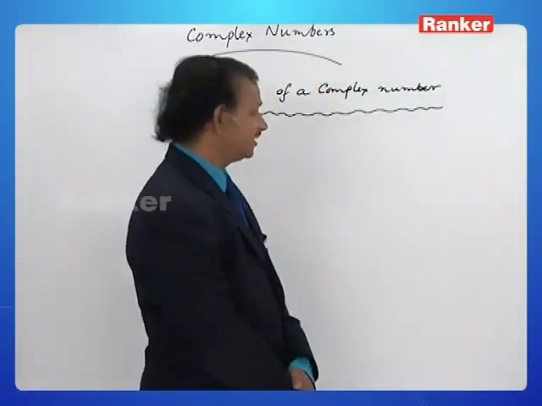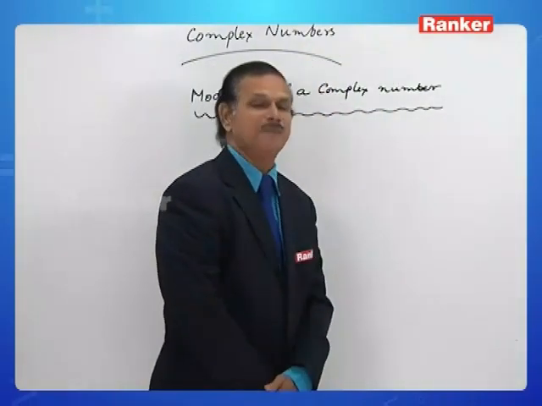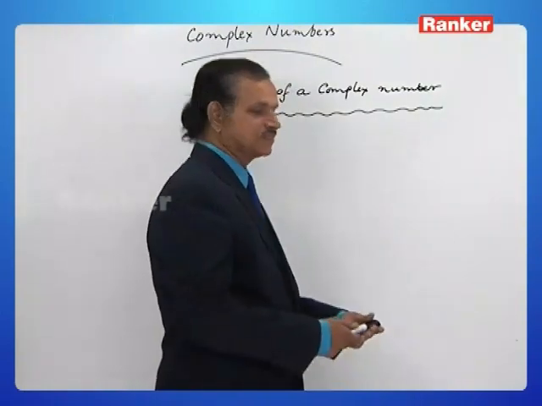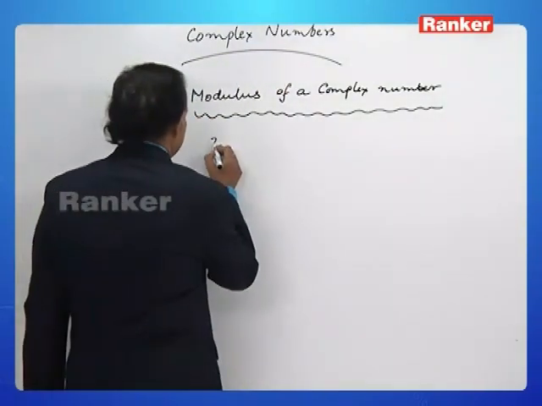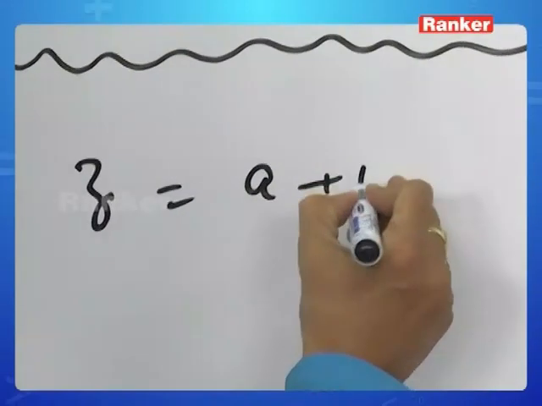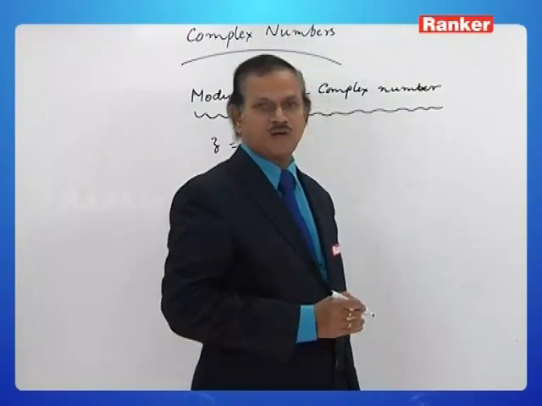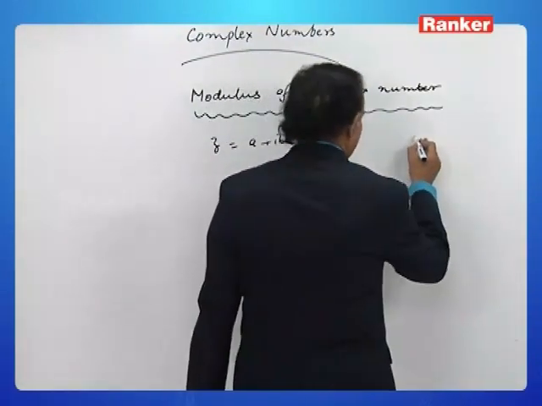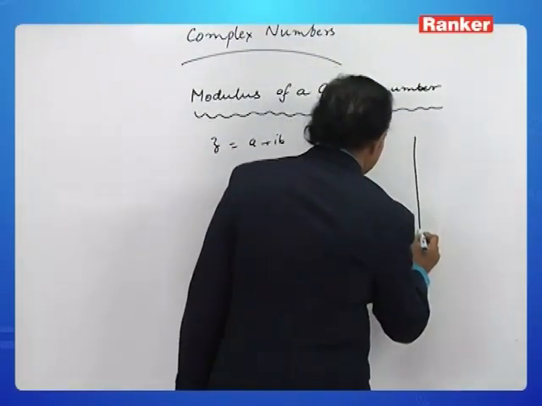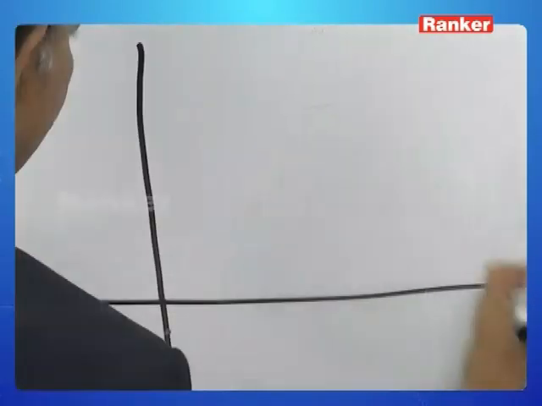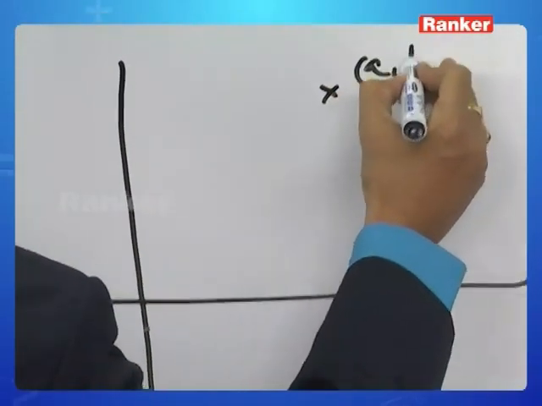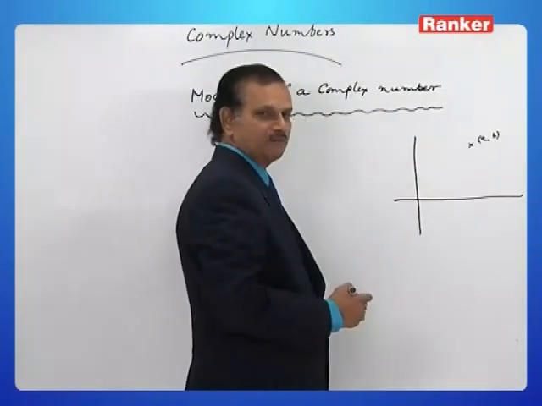Now, let us turn our head towards the set of complex numbers. Suppose we have z equal to a plus ib, a complex number before you. As we have just noticed, a complex number z can be taken as a point, say (a, b), in the Argand plane.